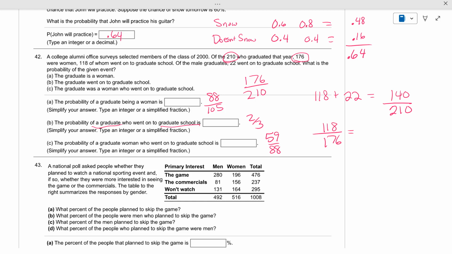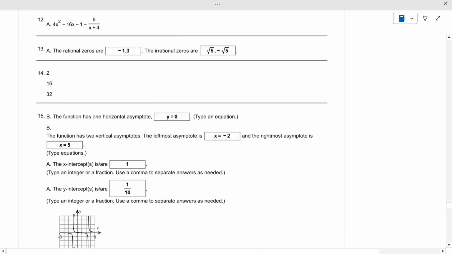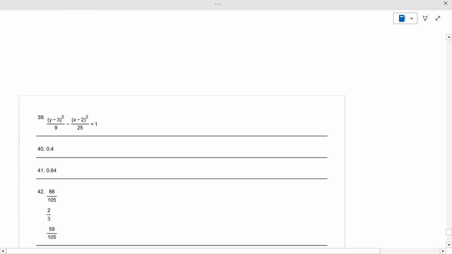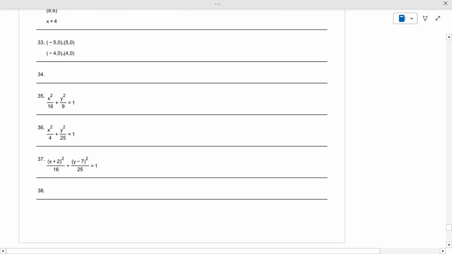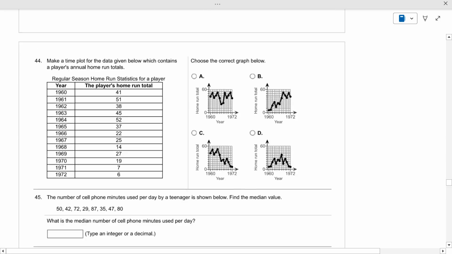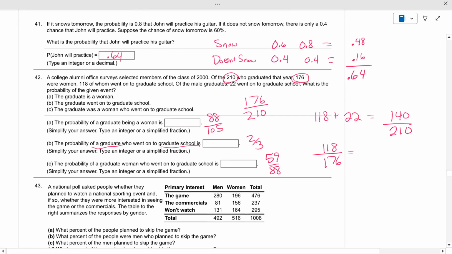Wow, that's odd. 59 out of 105. I think that's wrong, don't you guys? I guess 42 is off the test now, too.